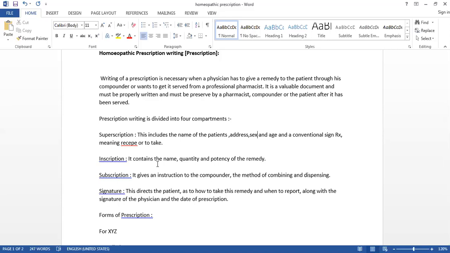The name of the medicine is very much important with the potency. It should be written clearly so that the pharmacist or the compounder will read it properly, and the quantity of vehicle also. This is the most important part in the prescription because the name and the potency are here as well as the vehicle.